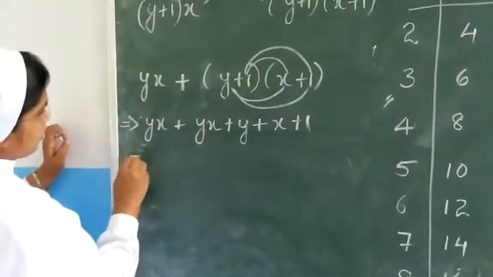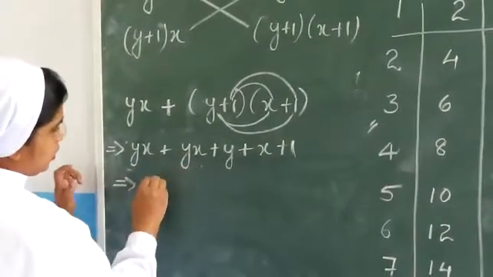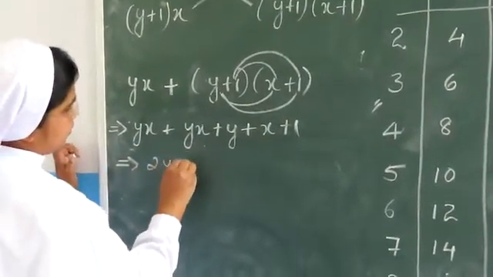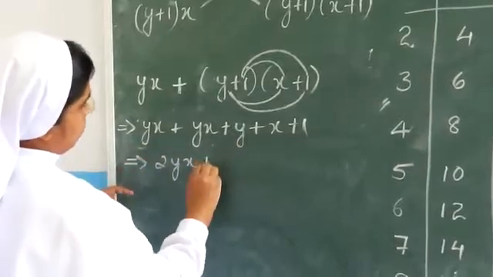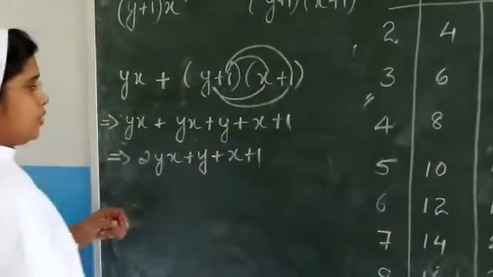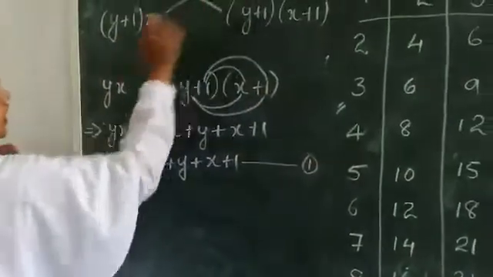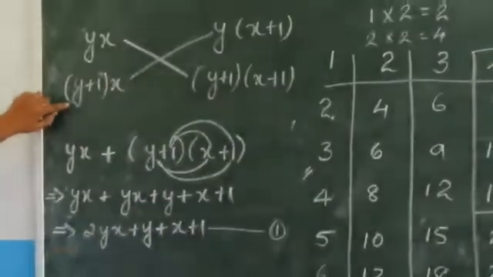Now adding all this together, what will we get? yx plus yx, 2yx. Then plus y plus x plus 1. So this is the first one, the first diagonal.